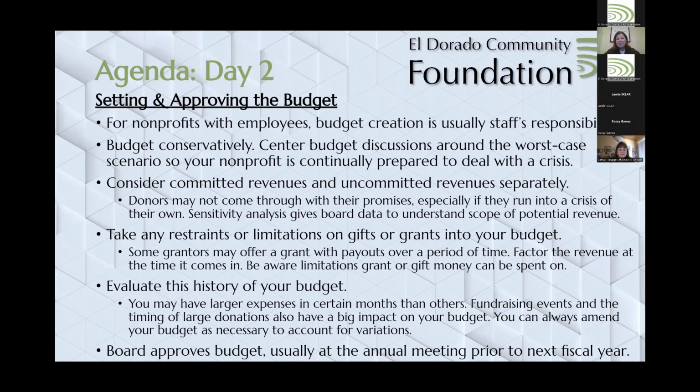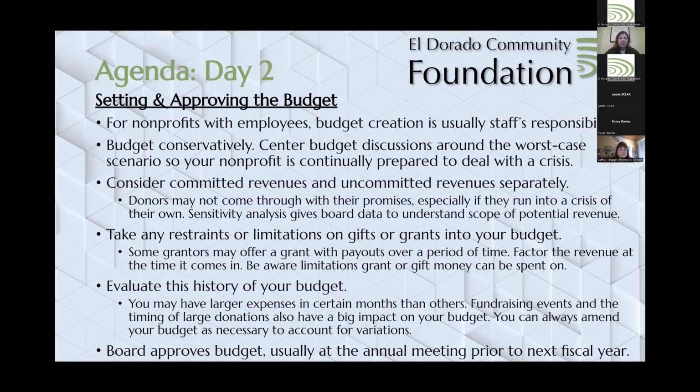Make sure that you consider what's considered committed revenues versus uncommitted revenues. You may have a donor that gives to you every single year, and something may happen financially for them one year and they cannot give.